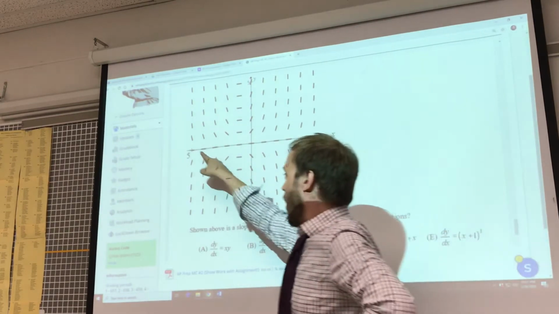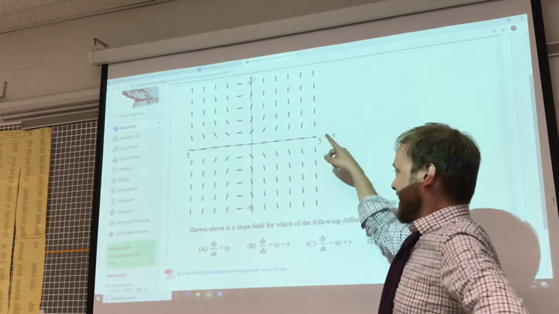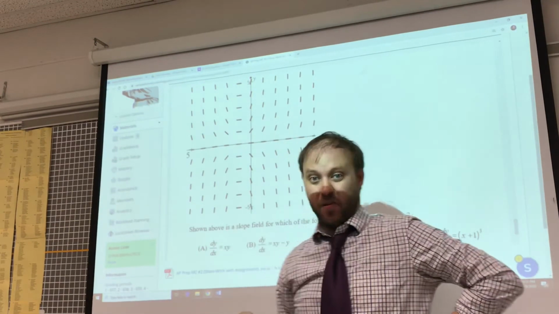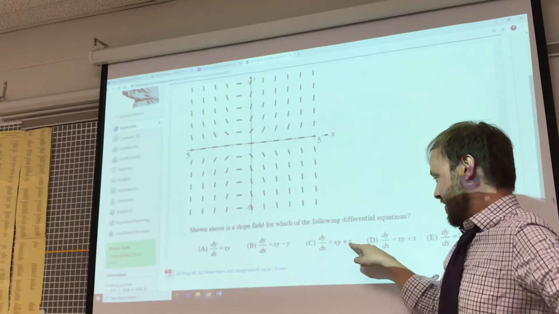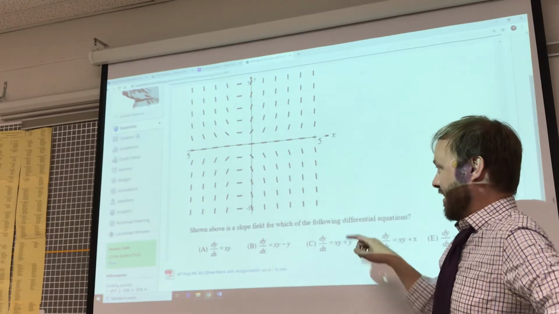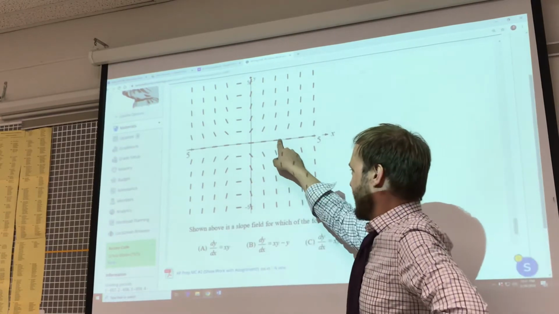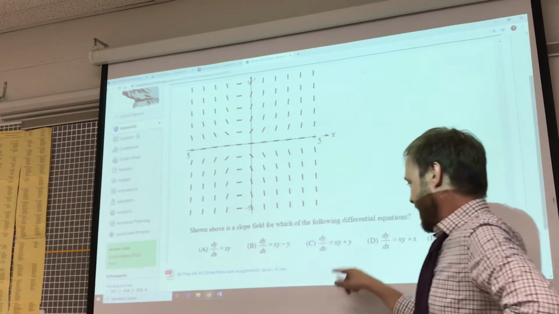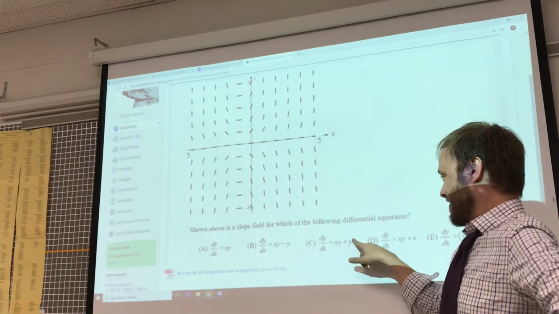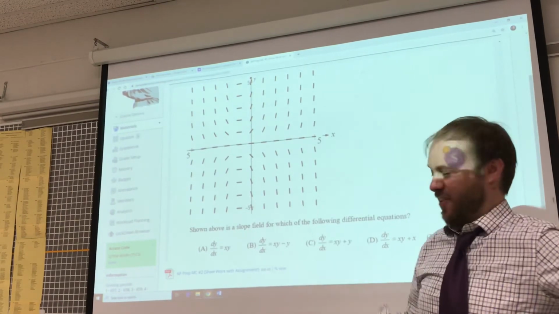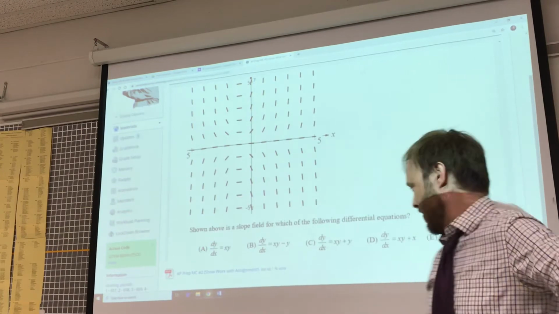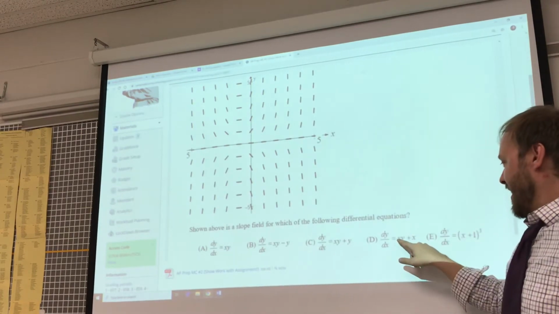But let's look at some other points. For example, all the places where the y coordinate is 0 also have to be 0. So if the y coordinate here is 0, would this also be 0? Yes, it would. For example, the point 3, 0: if I put 3 times 0 and then I add 0, I still get 0. That's still looking good. I think C is most likely right now. Okay, let's look at these others. X times y plus x.